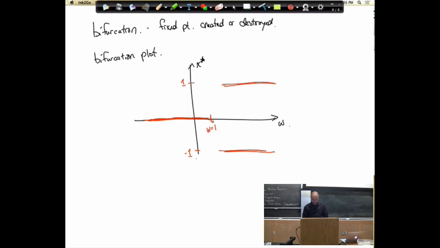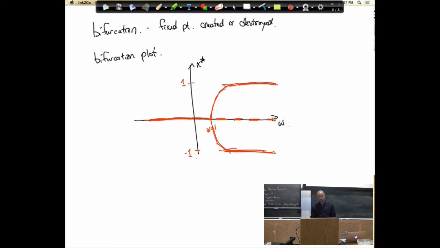this is where I have my bifurcation event. And I get two fixed points that split off like this. Okay? And actually, I still have a fixed point at the origin, but it becomes an unstable fixed point. So we draw this with a dashed line instead.